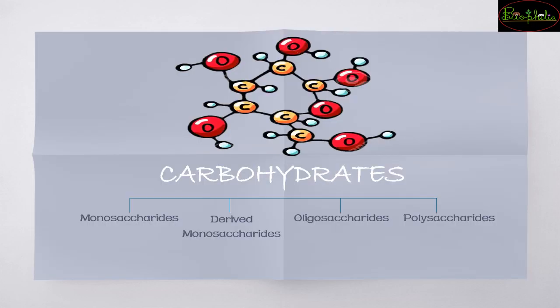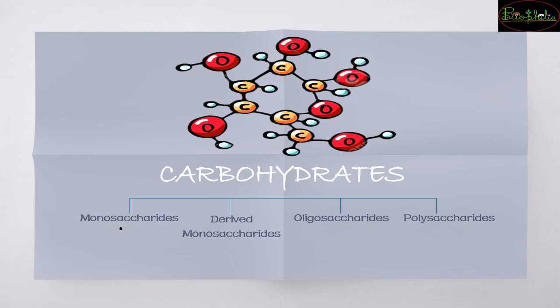Now we have to see in detail about the carbohydrates. This is a summary chart that you can understand, and we need to see in detail about the first part, the very basic unit of carbohydrate, that is monosaccharides. So monosaccharides एकदम छोटी यूनिट है, इससे छोटी यूनिट कुछ और नहीं होगी.